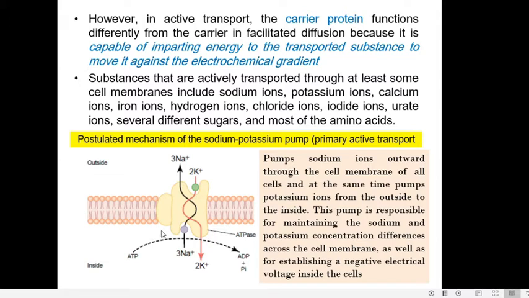This is very essential in the transmission of nerve impulses through neurons. It is playing a key role in nerve impulse transmission.